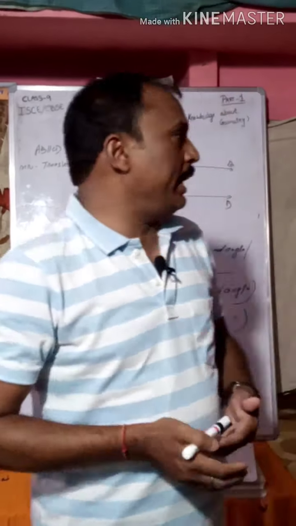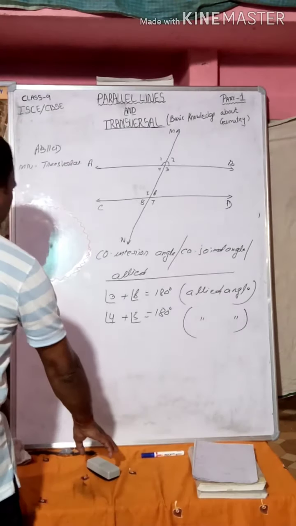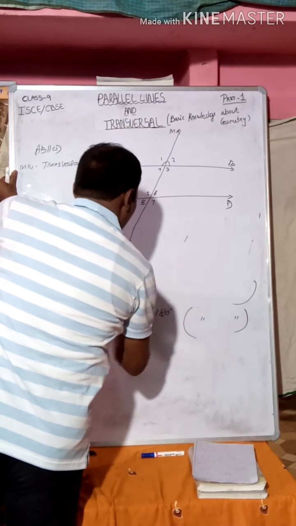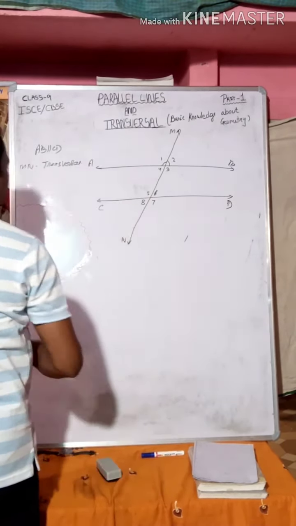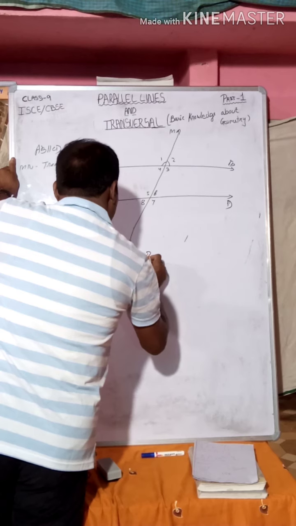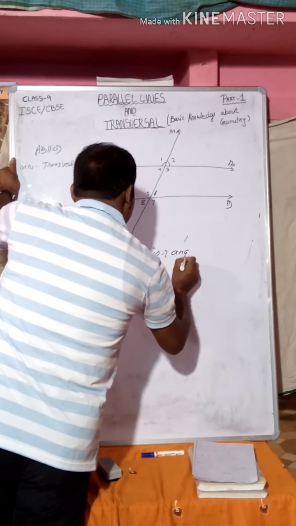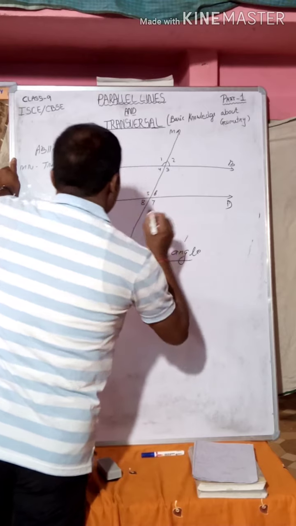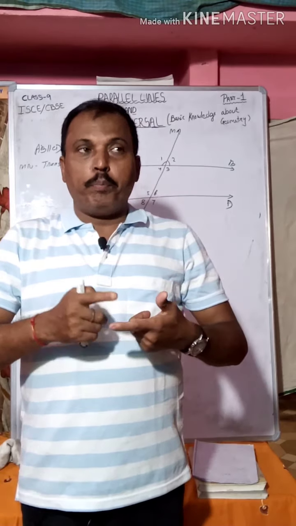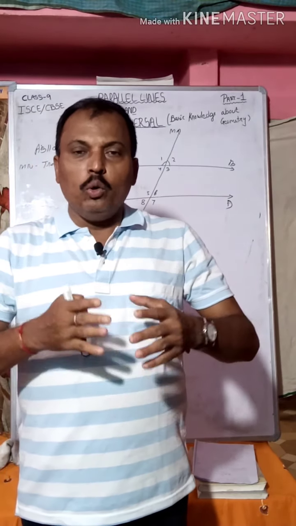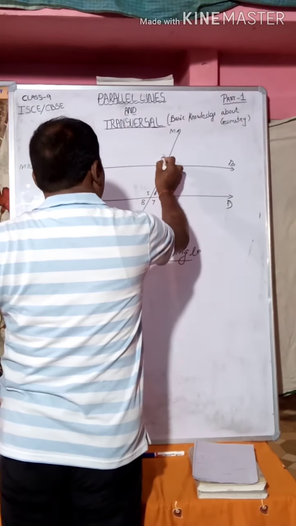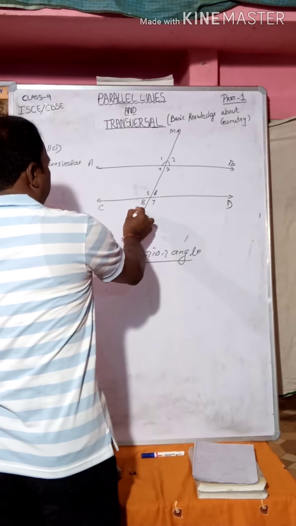Now come to the co-exterior angle. Among the 4 exterior angles, 2 angles are co-exterior angles: angle 1 and angle 8.